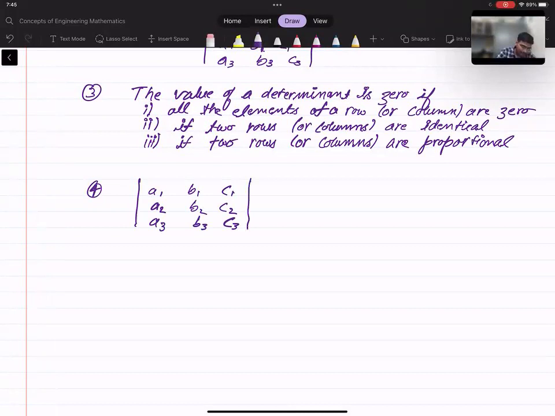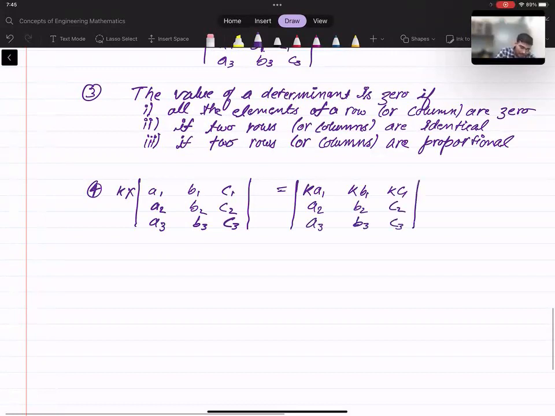And if we multiply this with some scalar, say K, then this gets multiplied to any of the rows or any of the columns. So let us say that this gets multiplied to the first row. So this is K A1, sorry, this was B1 and this is C1. This is now A2, B2, C2. We have now A3, B3 and C3.